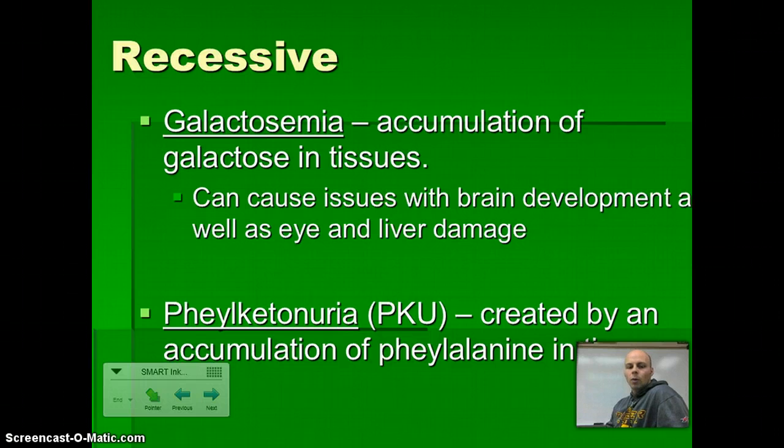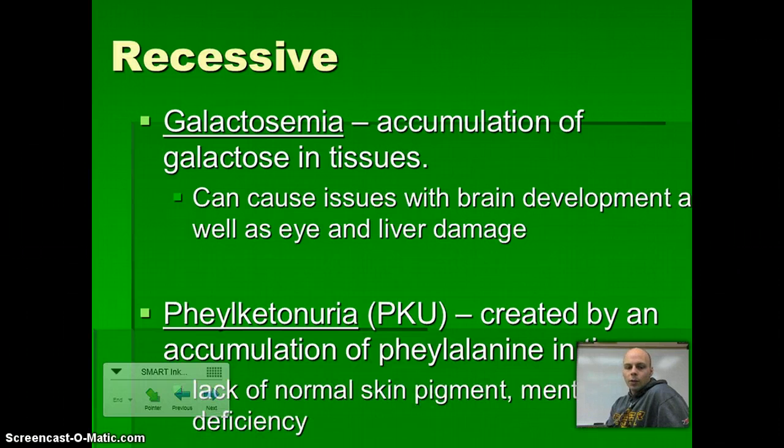Next one, PKU, or phenylketonuria, is an accumulation of phenylalanine in the tissues. Again, genetics cannot produce a specific protein to get rid of this material, and this also ends up creating a lack of normal skin pigment. You sometimes get blotchy skin color, but similar to albinism, you'd get an alteration of that skin color.